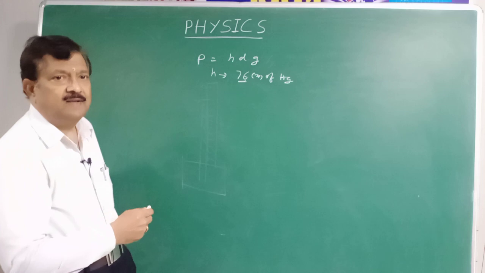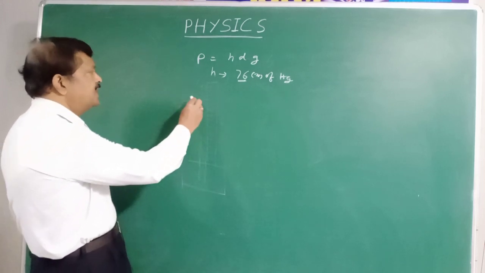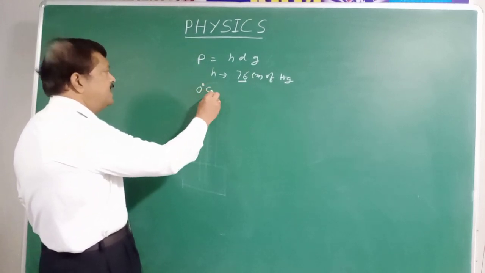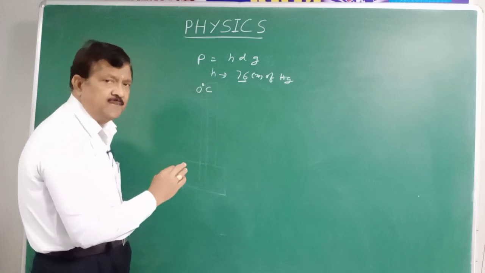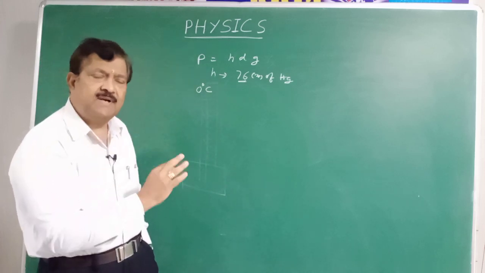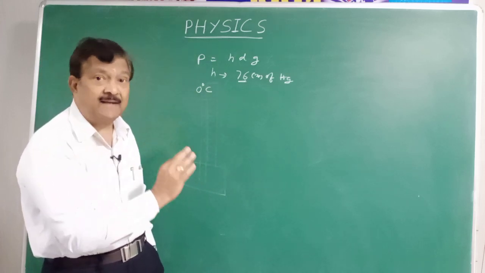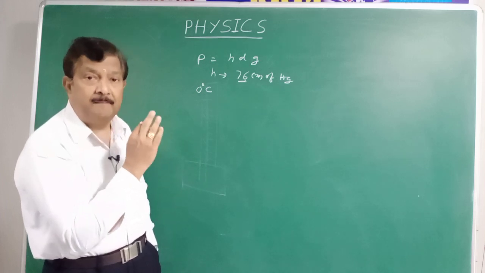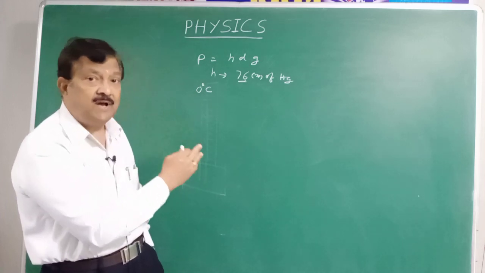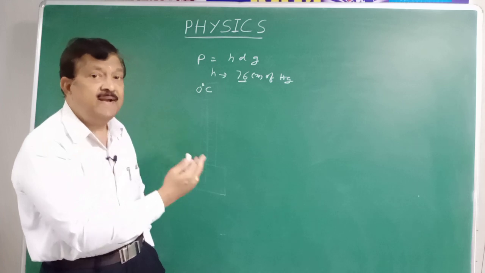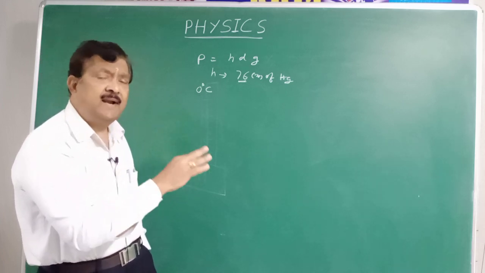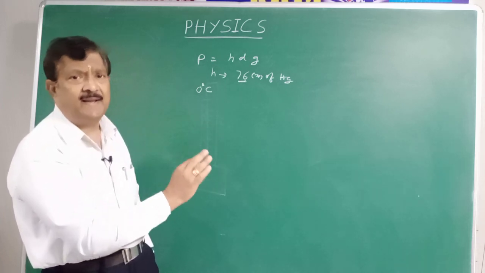Let us consider that case. Suppose at 0 degrees centigrade I am measuring the atmospheric pressure, and let us assume that at 0 degrees centigrade the scale gives the correct reading. That means the metallic scale you are using is graduated at 0 degrees centigrade, so that at 0 degrees centigrade it gives the correct reading.